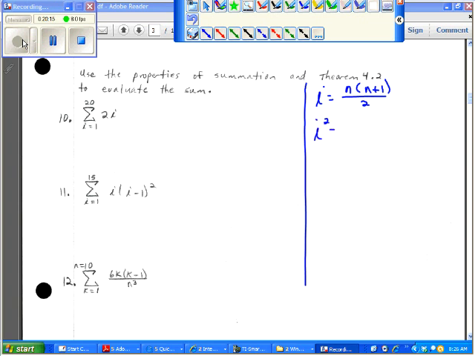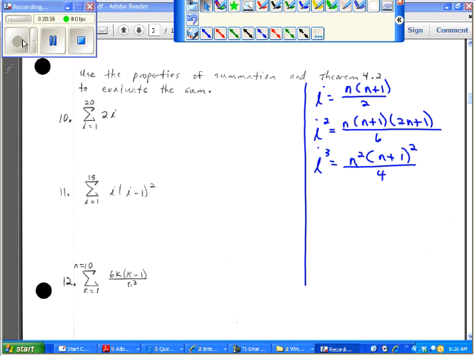When we expand i squared, it's going to be n times n plus 1 times 2n plus 1 over 6. When we expand i cubed, it's going to be n squared times n plus 1 squared over 4.